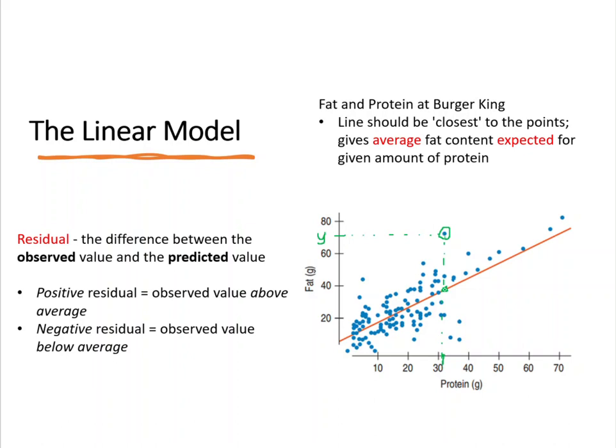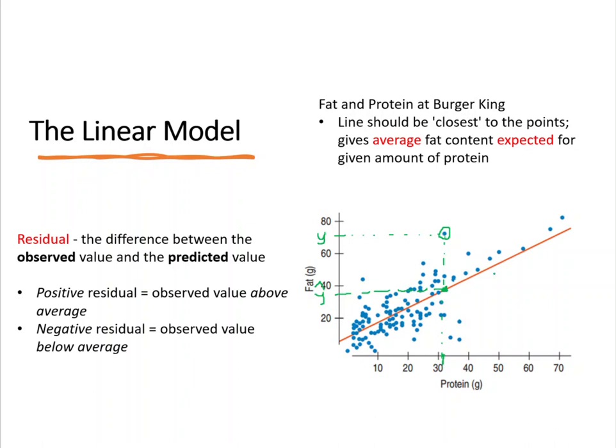I predict that for 31 grams of protein, I'm going to have something around, let's call it 38 grams of fat. So you can see that the predicted value of fat for 31 grams of protein is not actually the observed amount of fat for 31 grams of protein on this particular food item.